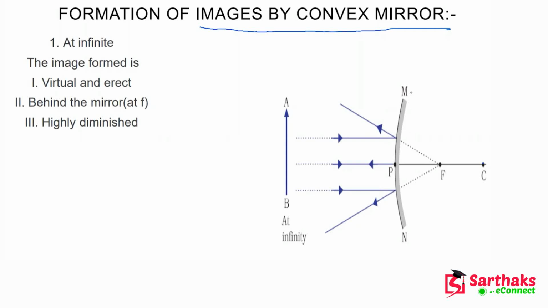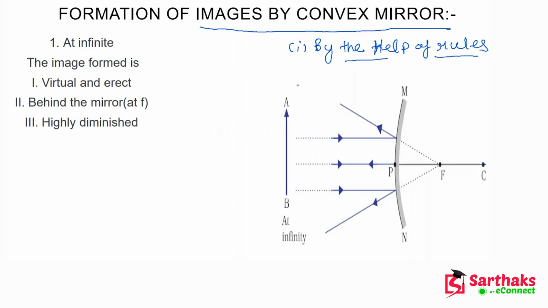Now, here the rules and the phenomena are the same as we discussed in the case of concave mirror. Here also we will form the images with the help of the rules which we have seen in the previous lectures.